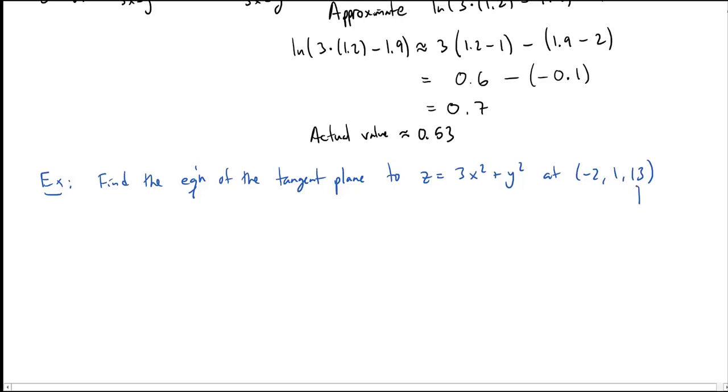How would you get this 13 if I had not put it in there, if I had hidden it behind a wall or something? You have to plug it in. Exactly. If you'd have done 3 times -2 squared plus 1 squared, I'm just plugging it into the formula. What do I get? 3 times 4 is 12 plus 1 is 13.